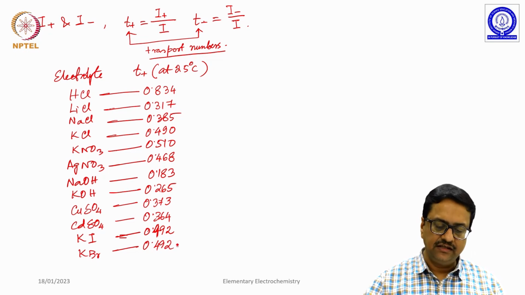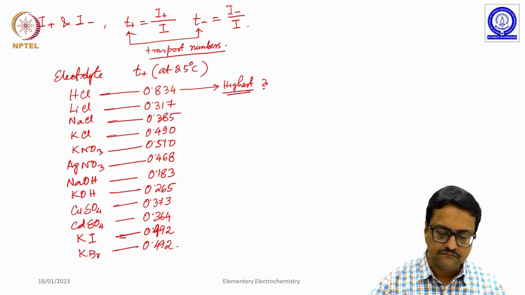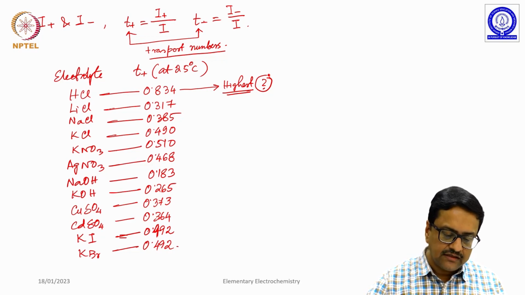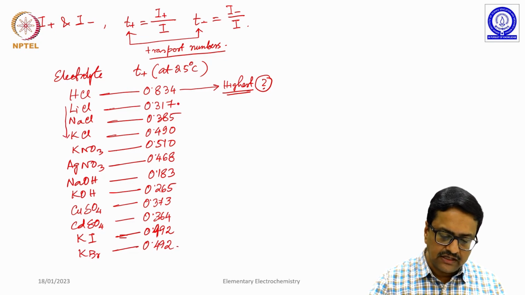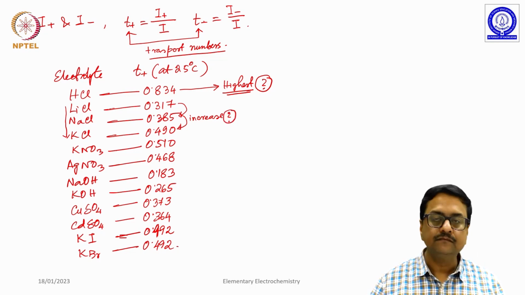So, now what we see is that among all that, this is highest. The question is why? And then you see from H plus to lithium to sodium to potassium, there is a steady increase. The question is why?